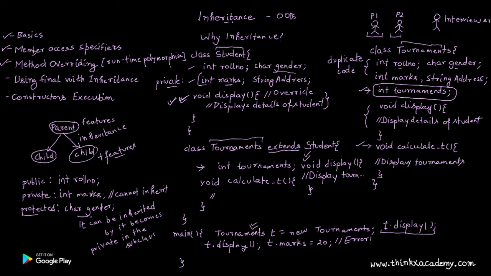It is runtime because this overriding of the base class function happens when your program is actually running, because the calling of the function will happen only when you are running your program. So that's the answer from programmer 2. Now the interviewer asks a question from programmer 1.